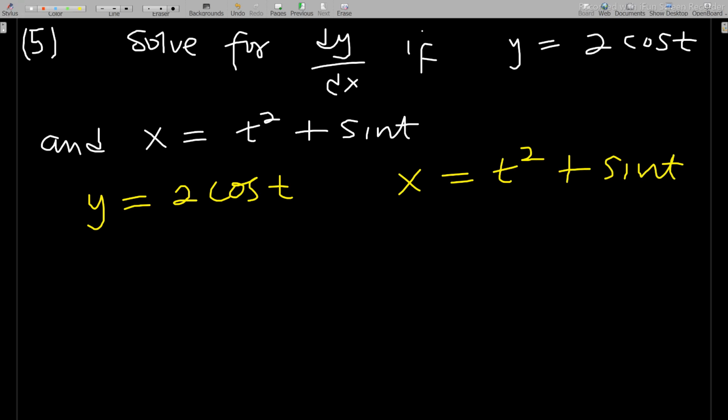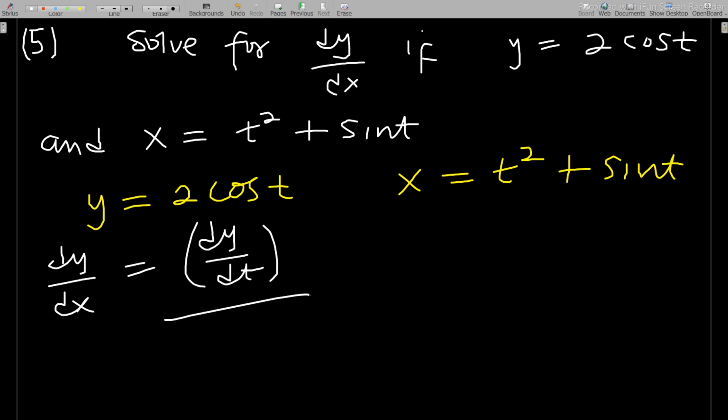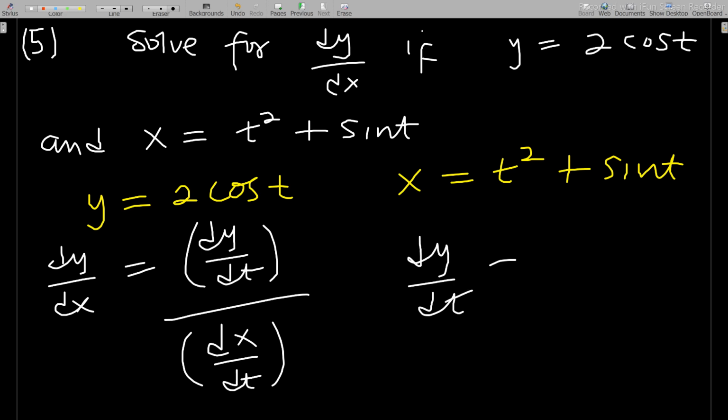If you want to find dy/dx, we said dy/dx is equal to dy/dt over dx/dt. So we want to find dy/dt.